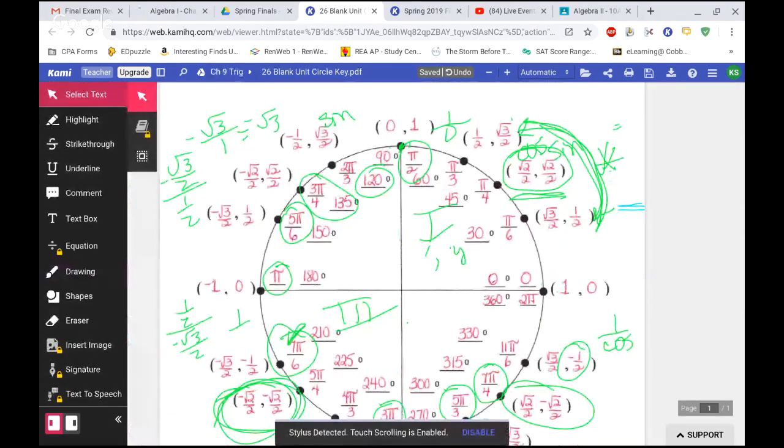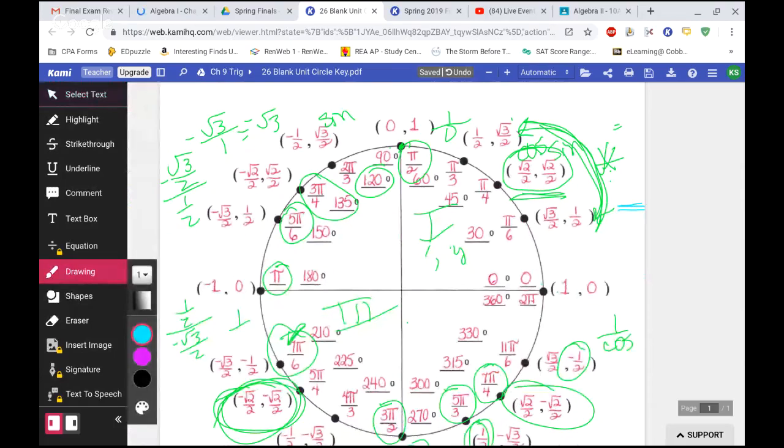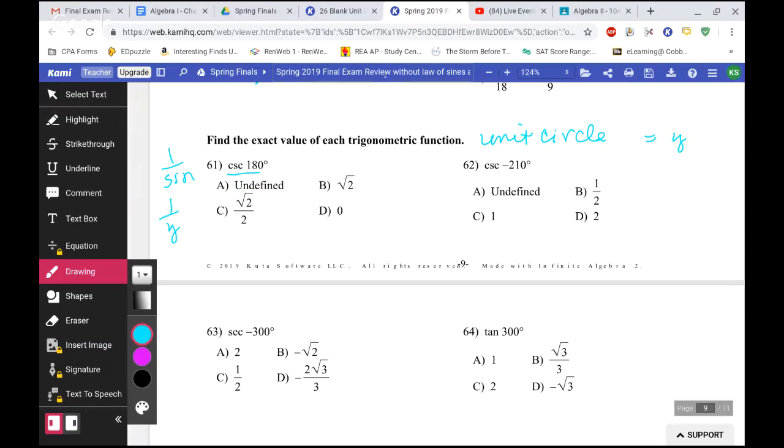Look at 180, and that's where y is 0. So 1 over 0 is undefined. So it's A.